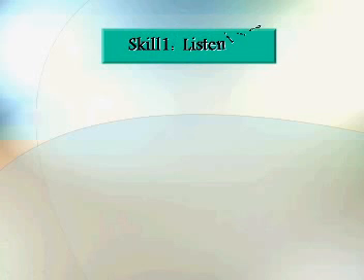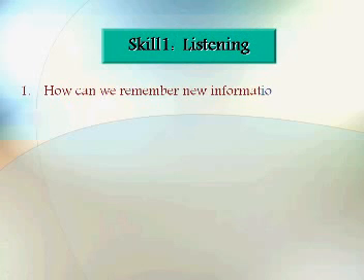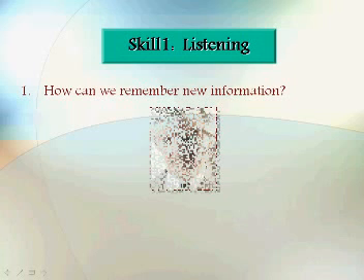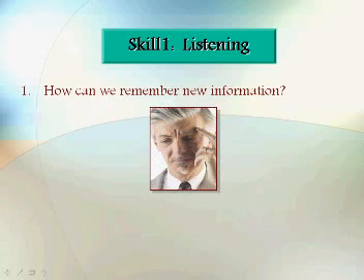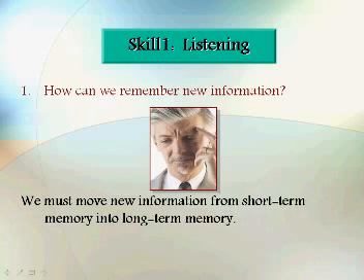The first section was listening, and in this section the most important thing was about how can we remember new information? In this theme, we agreed that we must move new information from short-term memory into long-term memory.